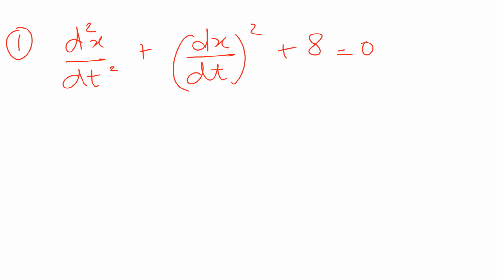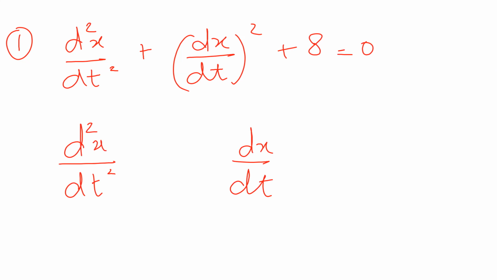Now this is a differential equation because there are two differentials present over here. The first differential is d square x upon dt square, and the second differential is dx upon dt. Hence it is a differential equation.